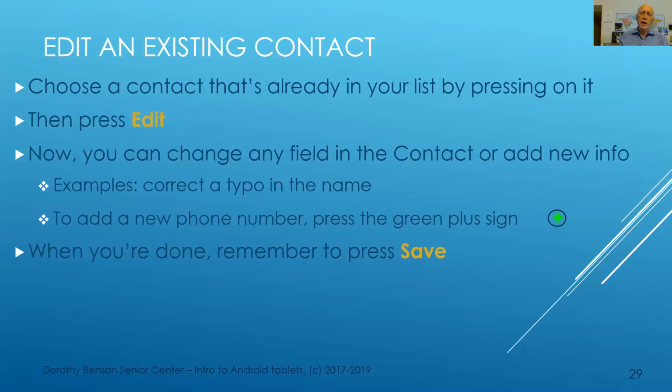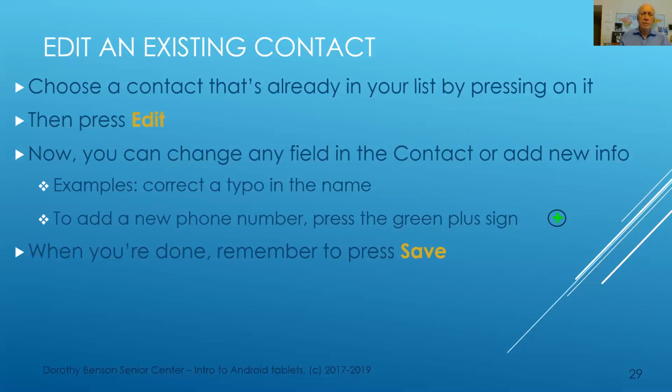Similarly, if I hit the email address, my email app will open up with a new blank email to that person, and their email address will automatically be entered. I can type the email, press the send button, and we're done.